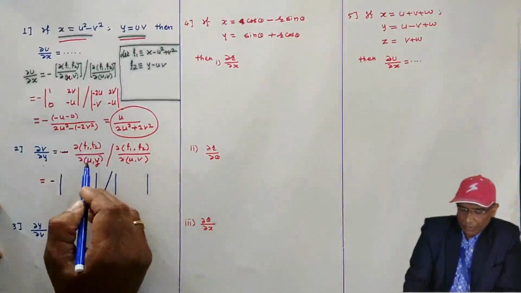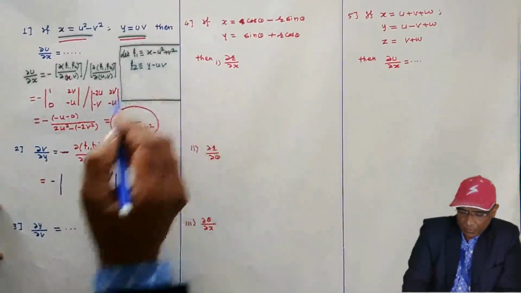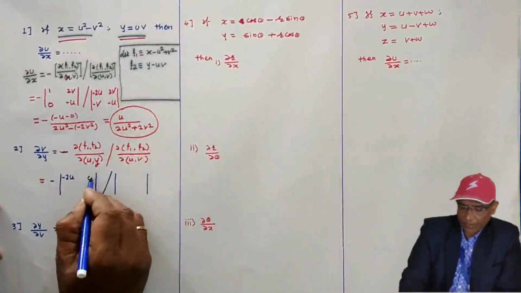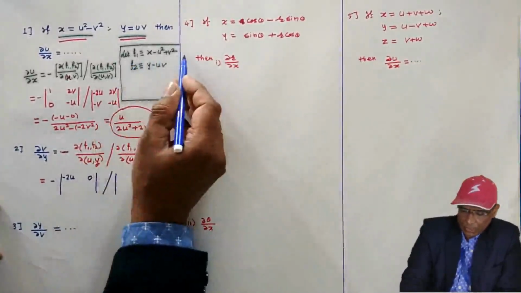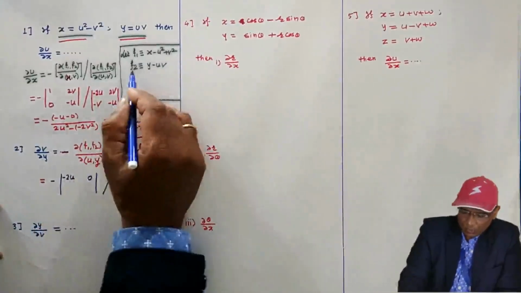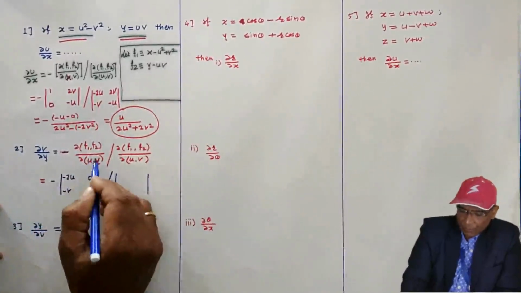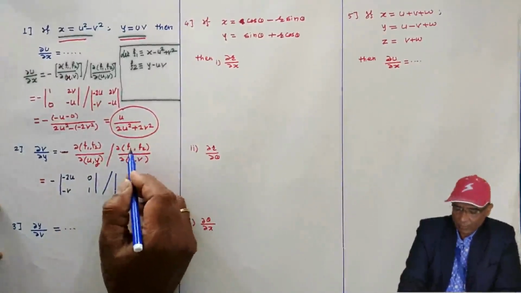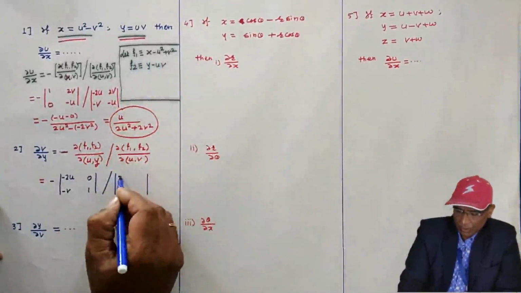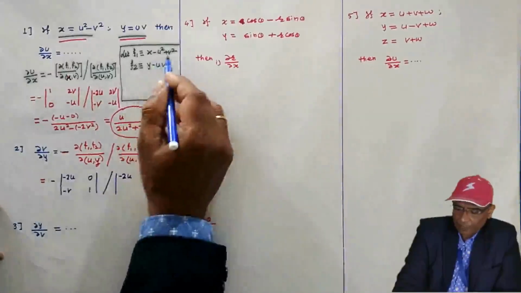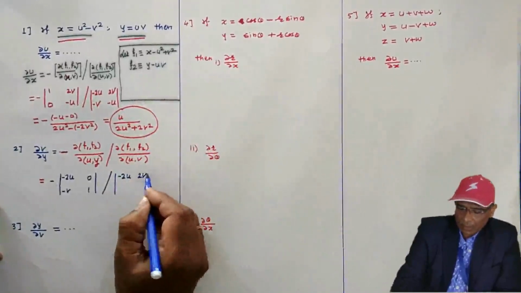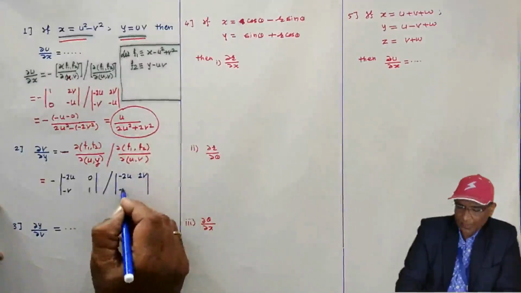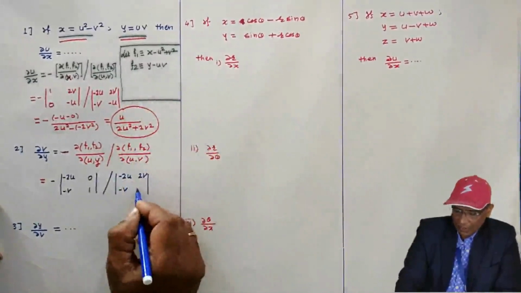Now del f1 by del u, the derivative of f1 with respect to u, is minus 2u. Del f1 by del y is absent, so the derivative is 0. Del f2 by del u is minus v. Del f2 by del y is 1. Now the denominator. Del f1 by del u is minus 2u. Del f1 by del v is 2v. Del f2 by del u is minus v, and del f2 by del v is minus u.